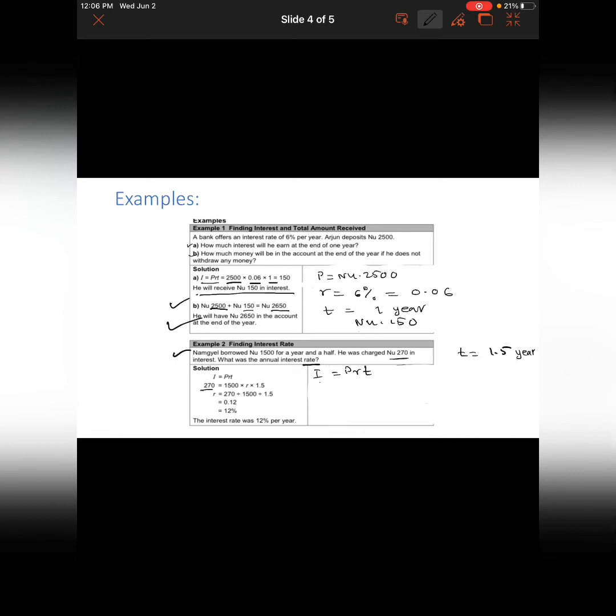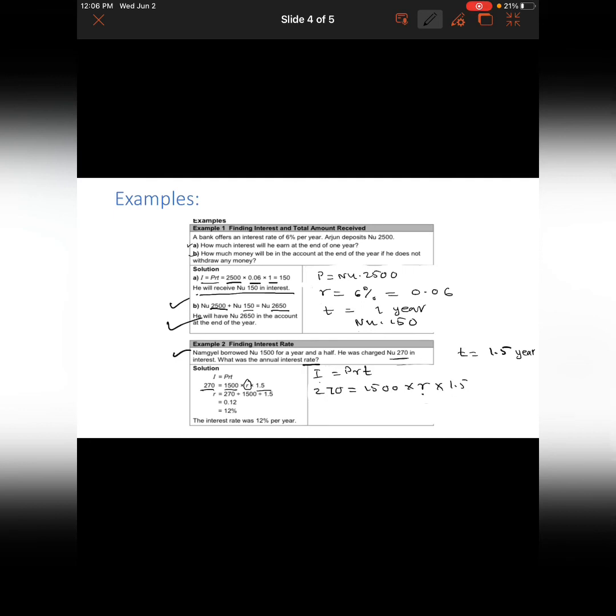So here interest is given, 270. Principal is 1500. You just have to find the rate. Then your time is 1.5 years, one year and a half. Let me show you. You have plugged in the values. Now how to find the rate?